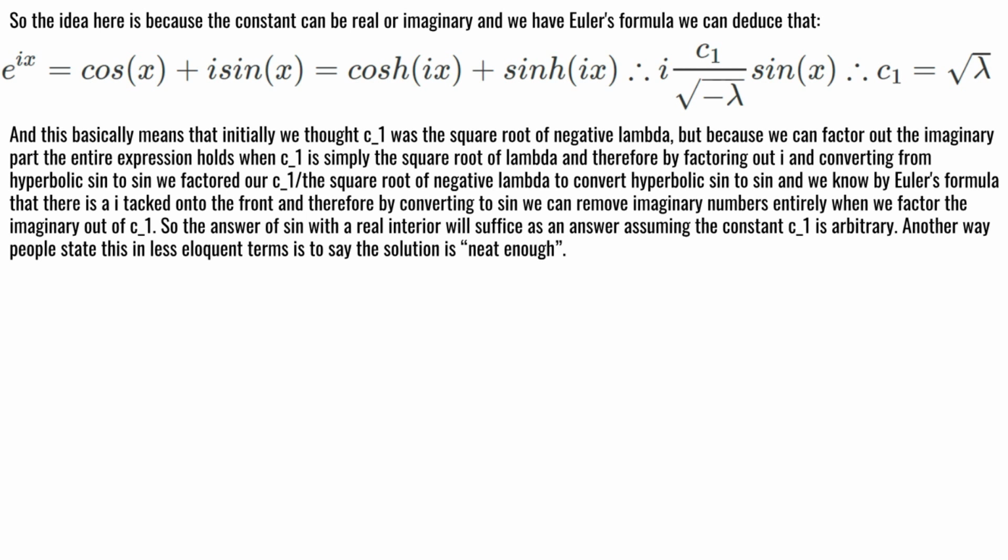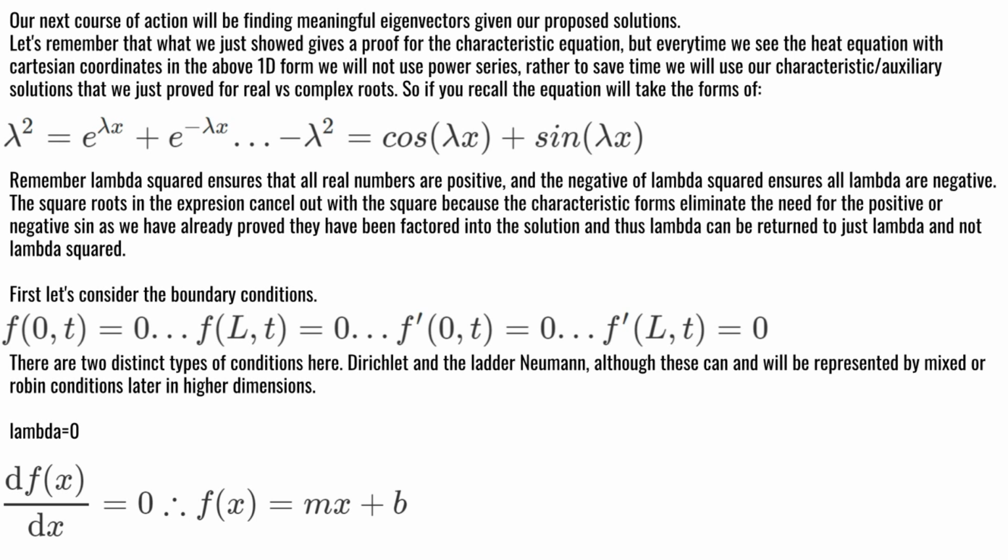Okay, so now we're left with just sine and cosine. That's really beautiful, and that's one of the reasons why I wanted to do the power series, to demonstrate that because c sub 1 can be any arbitrary constant, we can factor it out. The arbitrary constant is actually the square root of lambda, and that gets us our formula. So great. Now that we have our characteristic solutions, we no longer need to do the power series solution every single time.